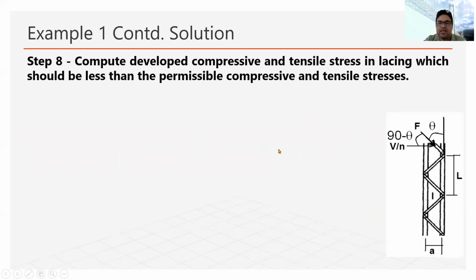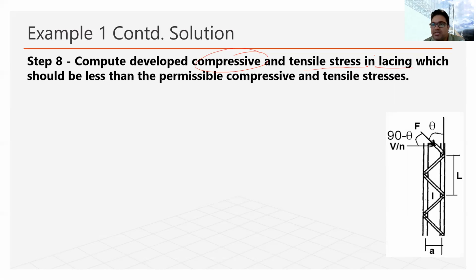Now we have already found the compressive strength. Next we are going to find the tensile strength of the lacing bar, because sometimes, because of the reversal of stress, lacing bars may experience tension force also.